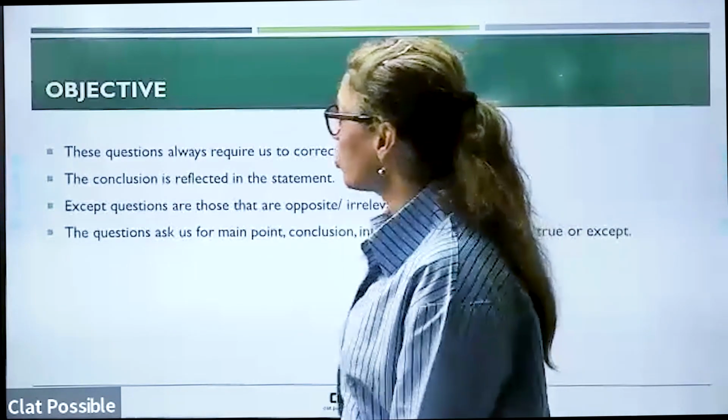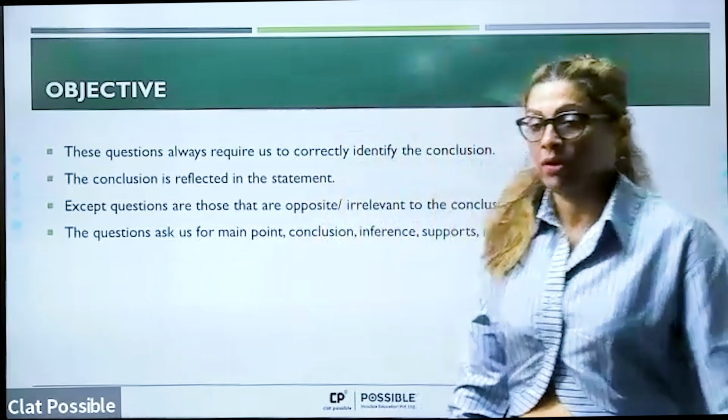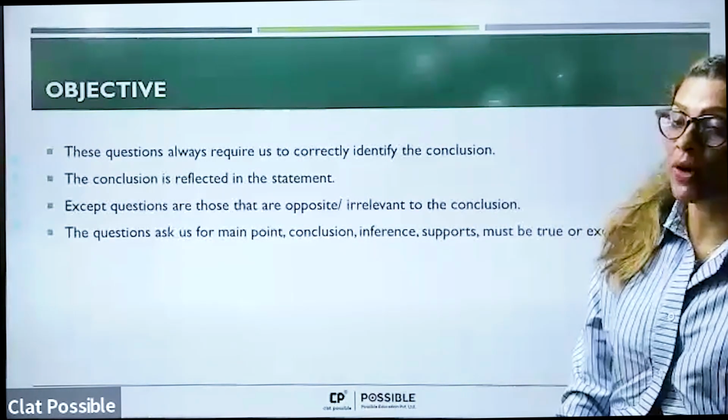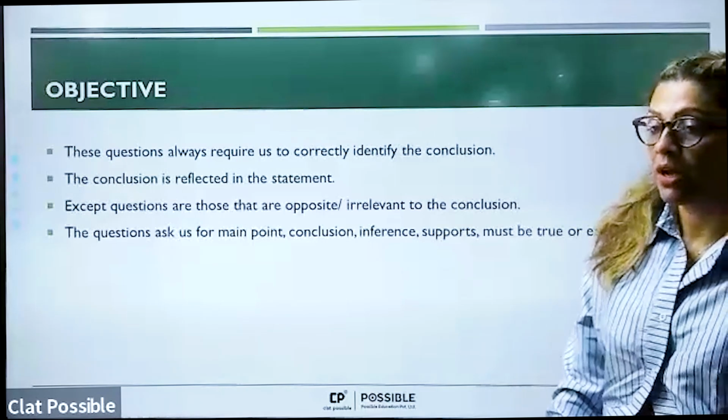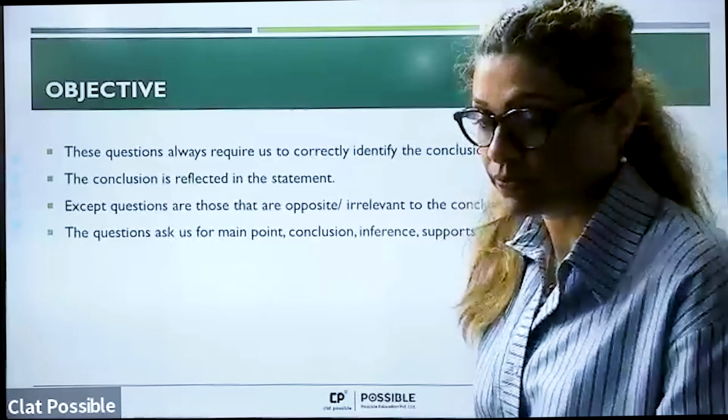So what do we do in main point and must be true questions? Please remember that main point and must be true questions are basically looking at identifying the conclusion.